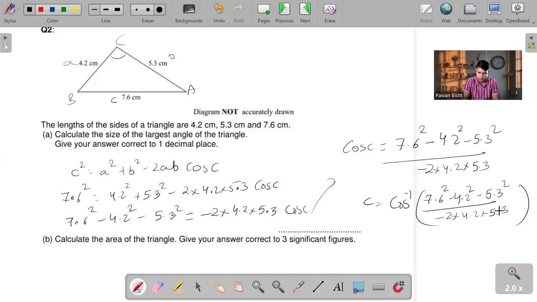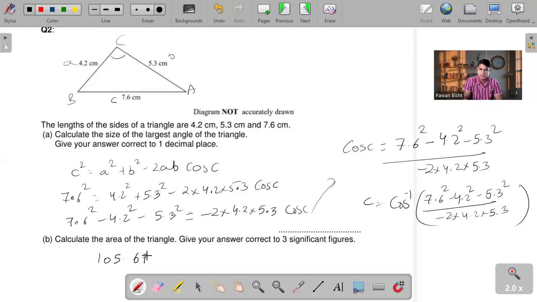Now we close the bracket. Just a second. Okay, so it is coming 105.67.